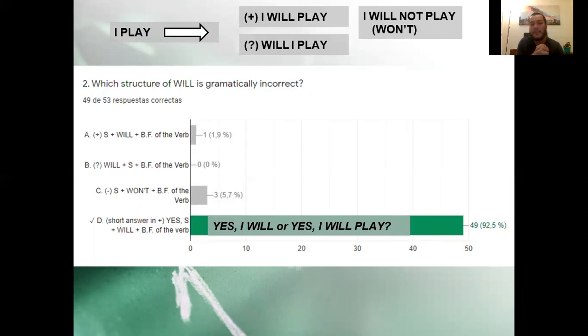Short answer in the positive: is it yes, I will, or yes, I will play? Yes, I will. In this case, you do not use the base form of the verb, because the objective of short answers is to be economical, like short. If I ask you, will you play tennis with your sister? Yes, I will. That's it. So that is the reason that letter D is the correct answer.